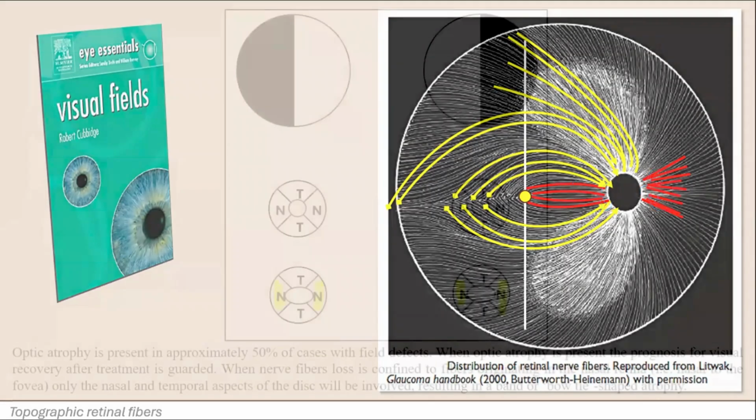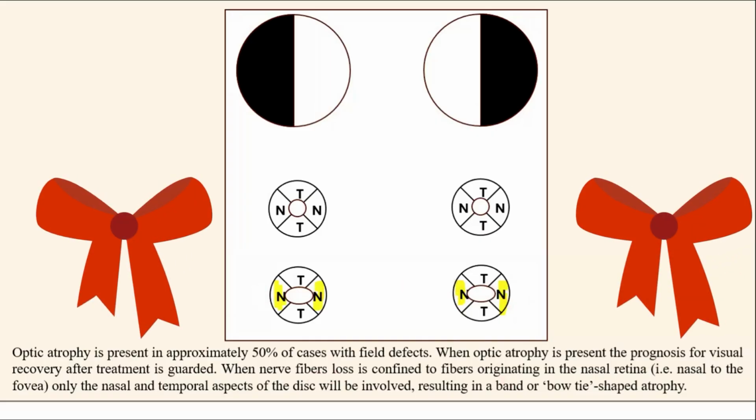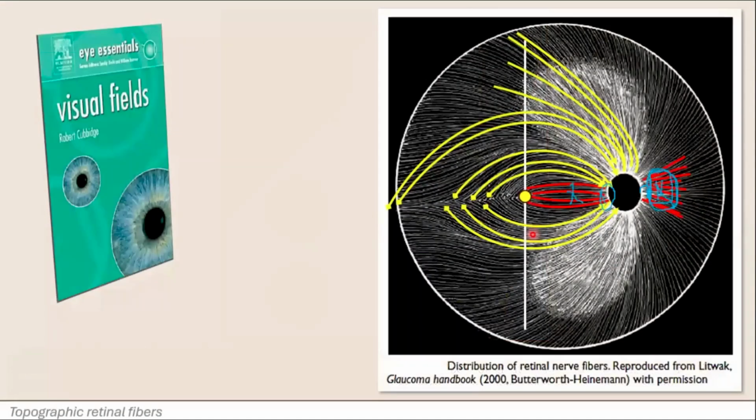In my illustration here, I'm marking the nasal in yellow because these are the affected parts in chiasmal compression. This is called bow tie configuration. So here N and N, and let's go back here, this T and T, up and down, is called T and T because these fibers come from the temporal retina and also the temporal macula.